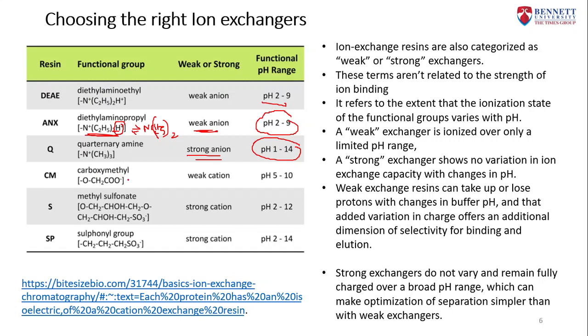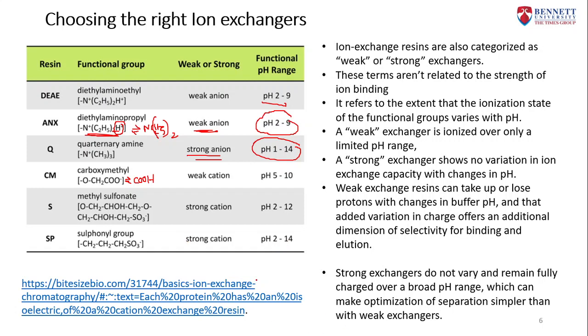Similarly here, carboxymethyl is a weak cation exchanger because below pH 5, the COO minus will form COOH. The methyl sulfonate, on the other hand, is a strong cation exchanger because it is a stronger acid, so this will be operational in a bigger pH range. This is an even stronger acid, so this will be operational in a slightly higher pH range. Okay, and so on.